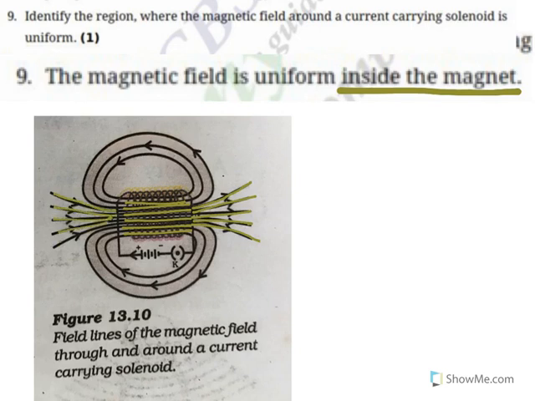So it becomes weaker as we move away, but inside the solenoid it is uniform and stronger.